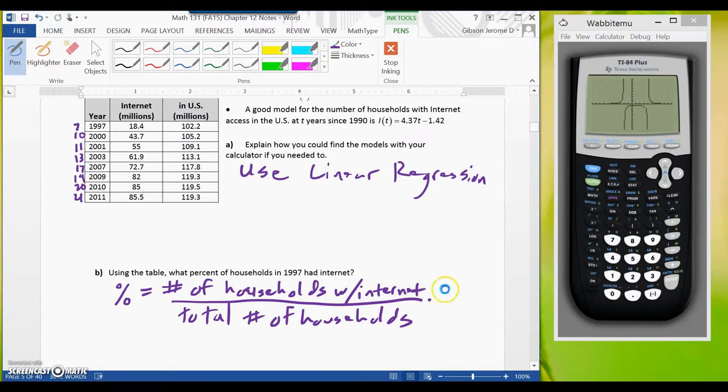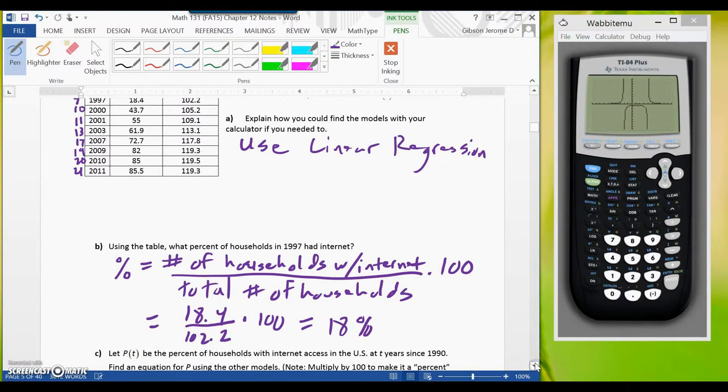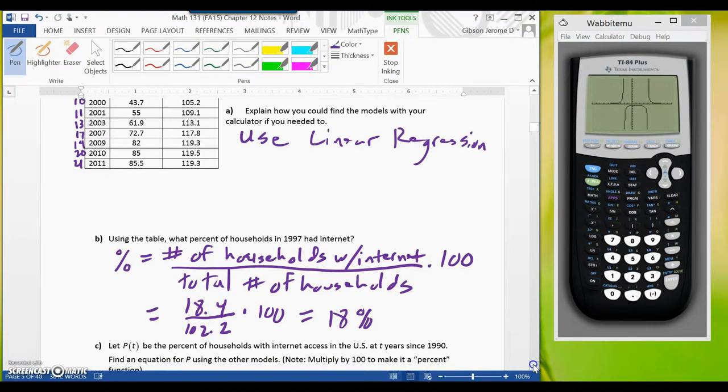And then we will multiply that by 100. So we will have 18.4 divided by 102.2, which we have in our chart here. And we will multiply that result by 100, and that will give us 18%. So that would be the answer for B.